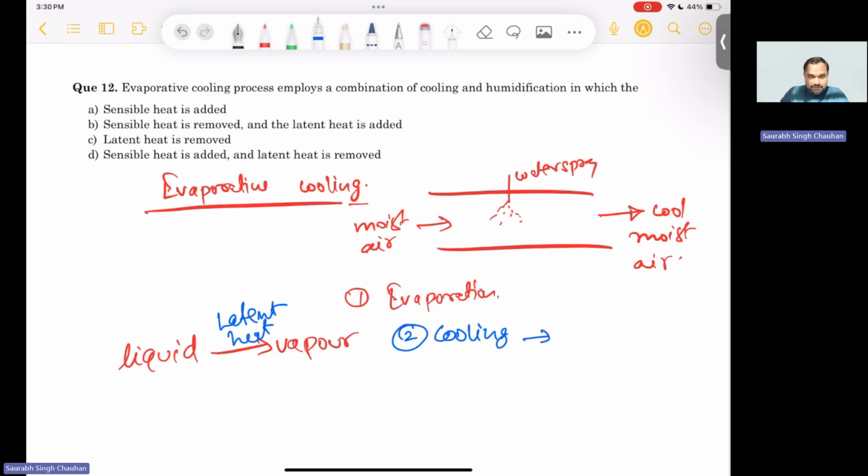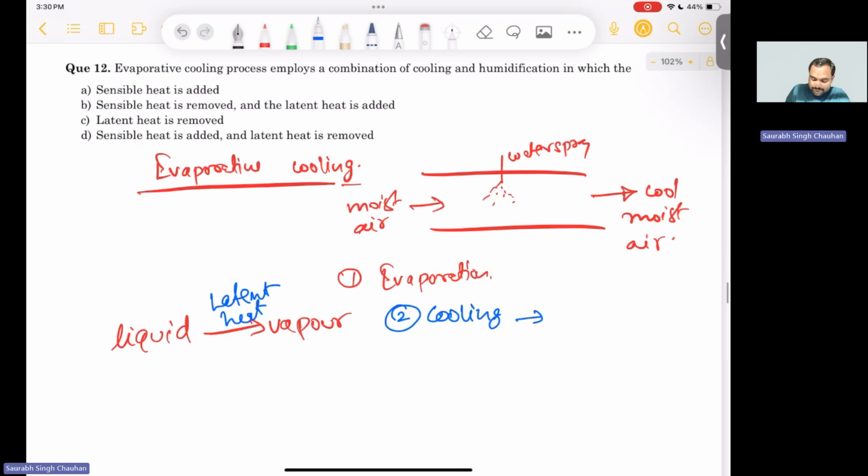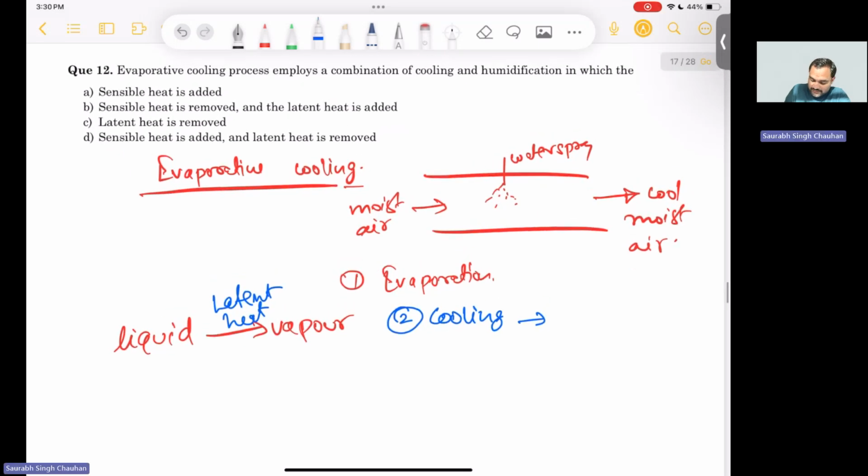That is why it is called sensible heat, because you can touch it and feel whether it is hot or cold. So in cooling you are reducing the sensible heat, so sensible heat is removed, and in evaporation latent heat is added.